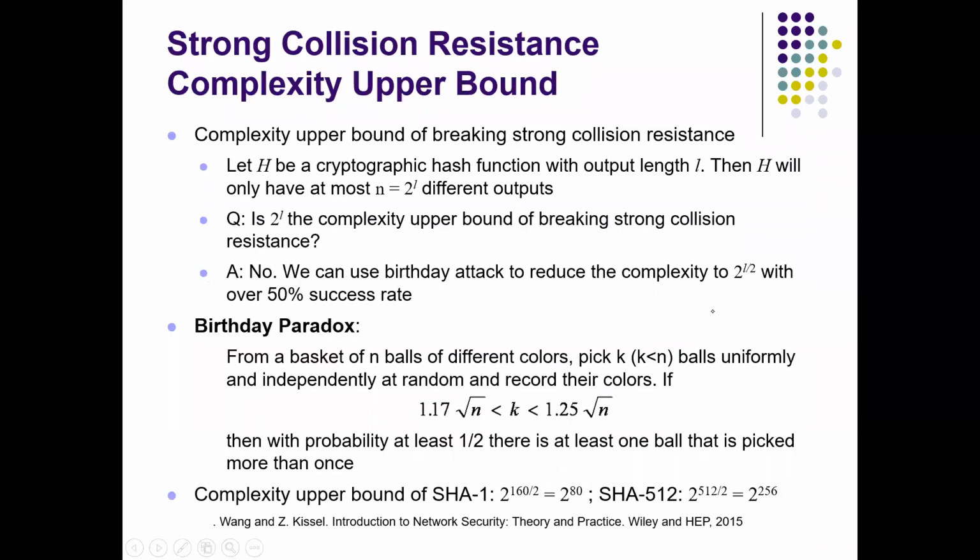Okay, so now let's look at the strengths of cryptographic hash. We're going to look at strong collision resistance, complexity upper bound. So that would indicate the strengths. Let H be a cryptographic hash function with output length l, then H will only have at most n, which is equal to 2 to the lth power, different outputs.